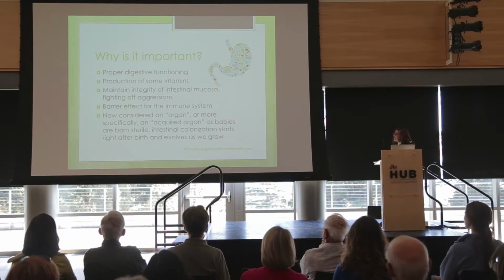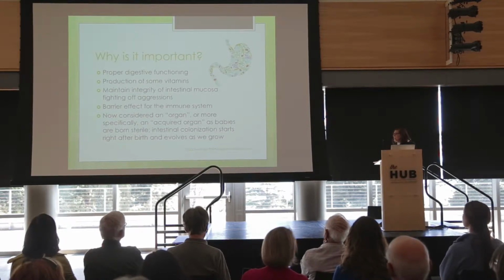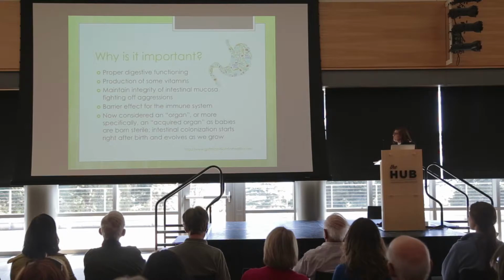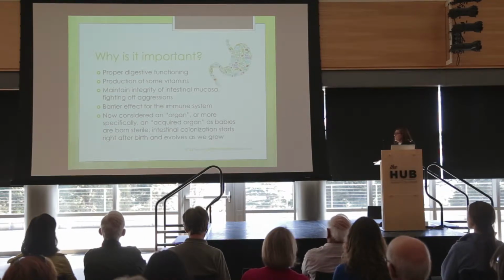And now it's actually even considered an organ, or more specifically an acquired organ, because as babies we're all born basically like clean slates with no microbiota, other than certain things that you get from your mother. But basically intestinal colonization starts right after birth and evolves as we grow.